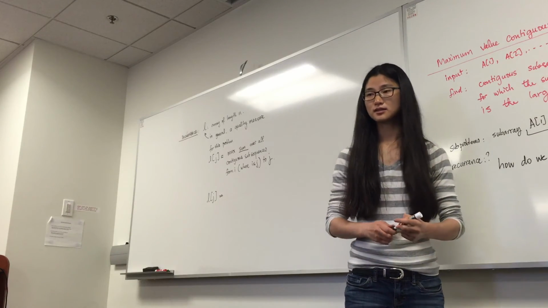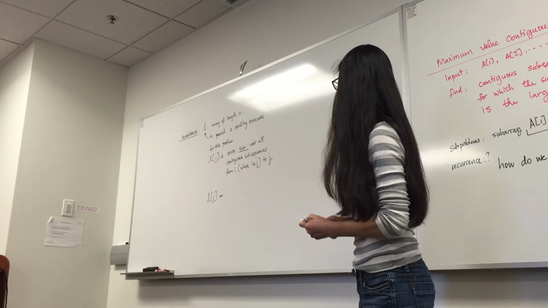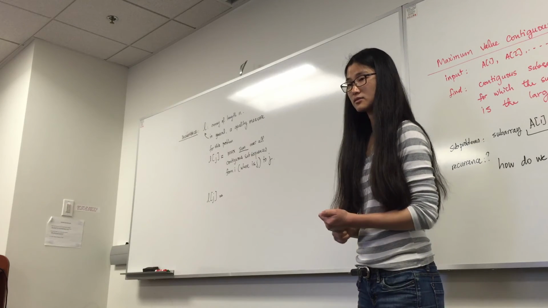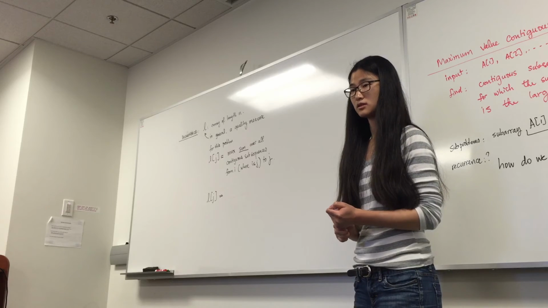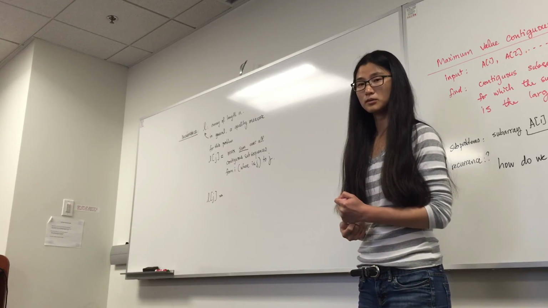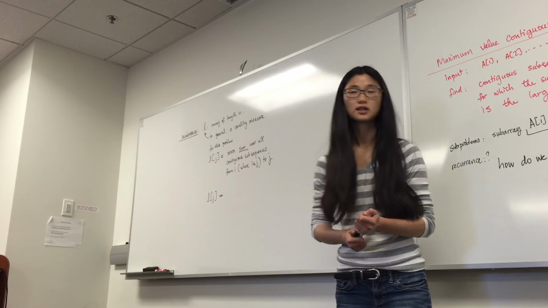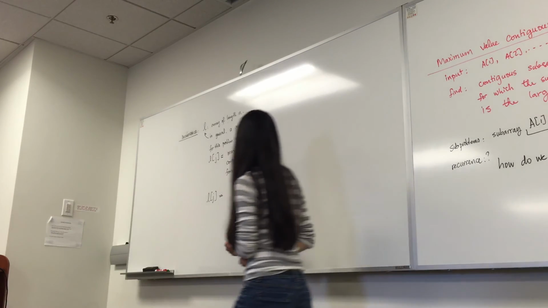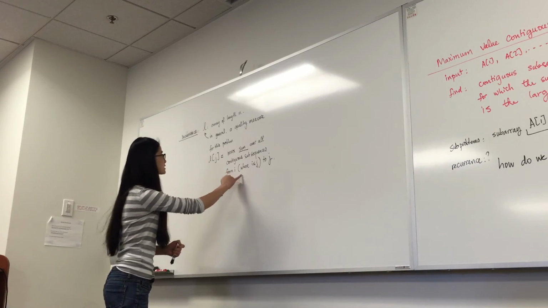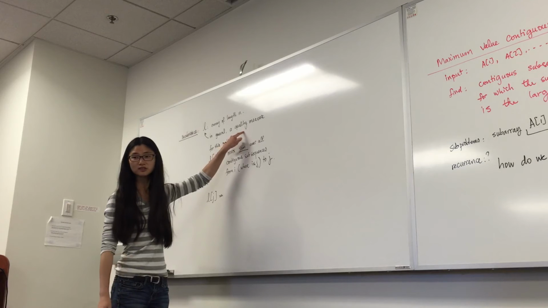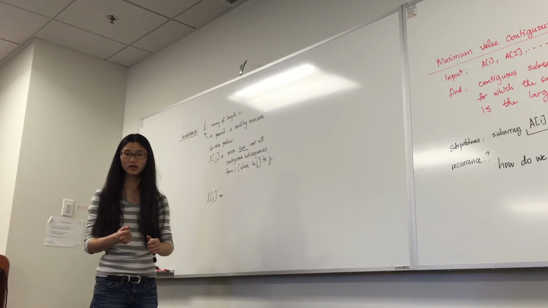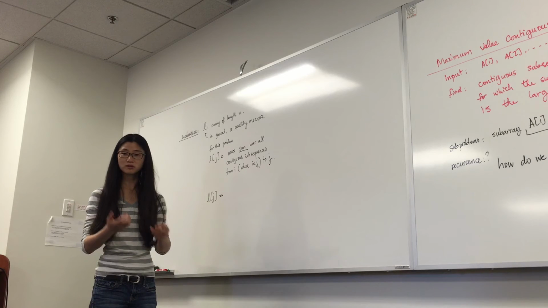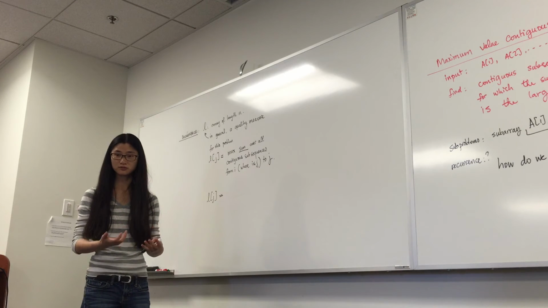So L is a one-dimensional array, and L and A are both the same dimension. It's just that they represent different values. Why do we want L of J? It's because it's a quality measure. To build on the next one, you have to find the maximum, so you want to be able to compare different sums for different arrays.